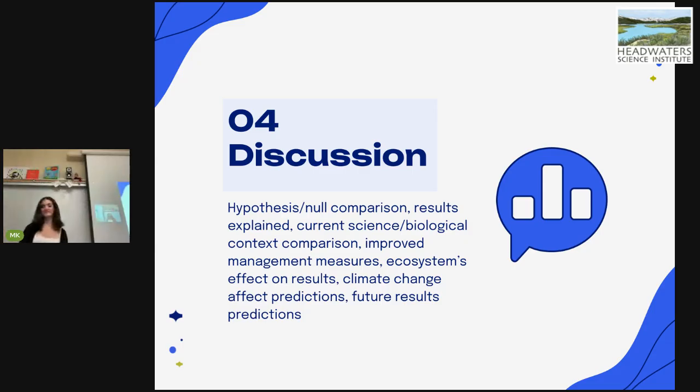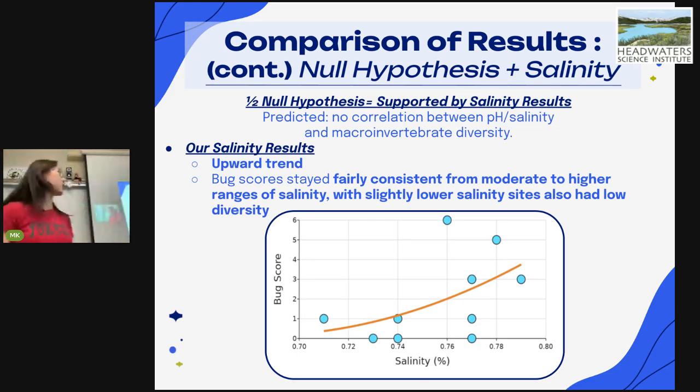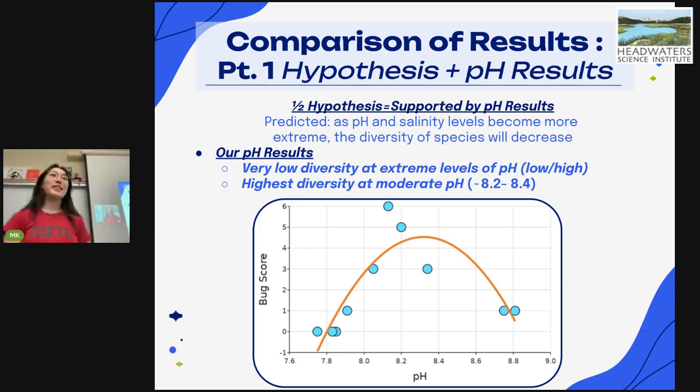Okay. So moving on to our discussion, we first want to compare our results to our hypothesis. We concluded that half of our data, which was the pH results, did support our original hypothesis, meaning as pH levels become more extreme, the diversity of species will decrease.